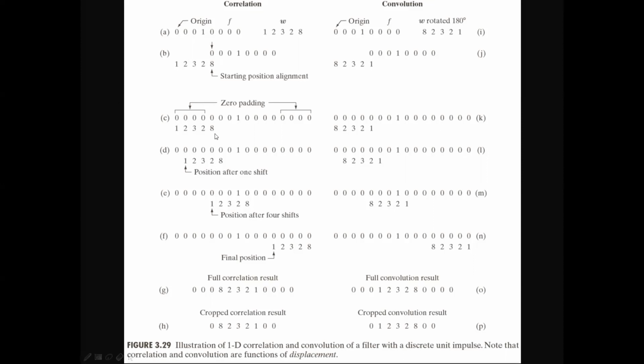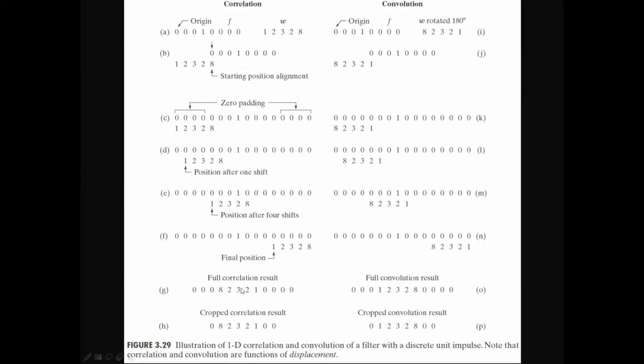Whenever we multiply the filter coefficients with the image by shifting one position, the final position will be shown in F4, and the correlation value due to the multiplication of this shifted version of the mask with F gives the output: 0, 0, 0, 8, 2, 3, 2, 1, 0, 0, 0, 0.